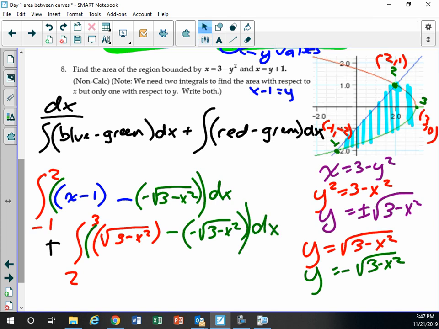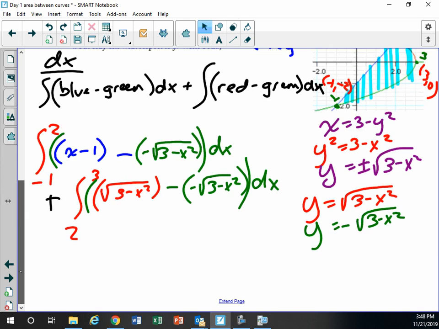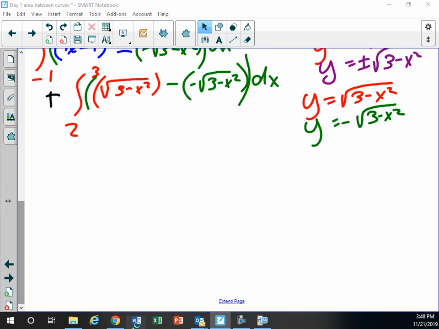I don't know about you, but those are not easy to do, the square root one, because you don't have the x in front of them in order to use substitution, so it's going to be a pain to do that. But we're going to take this same picture, and now we're going to talk about it right minus left. If I talk about it right minus left, I'm going to talk about that entire curve. So I'm going to bring it down here and do a quick sketch.